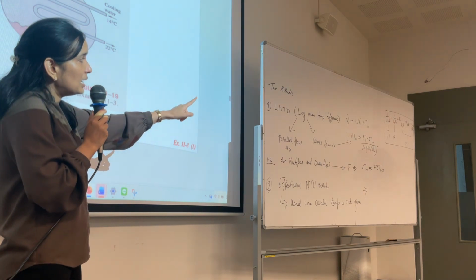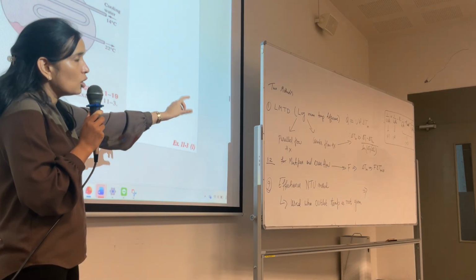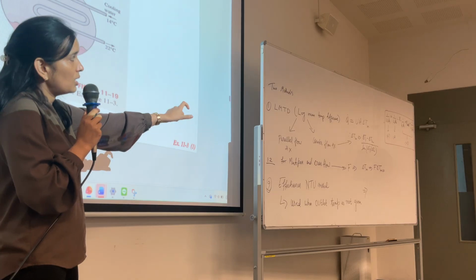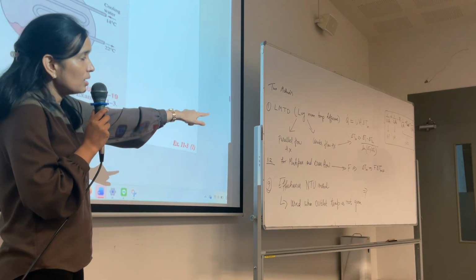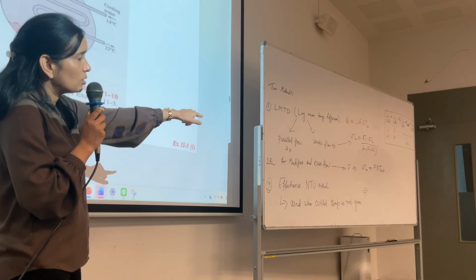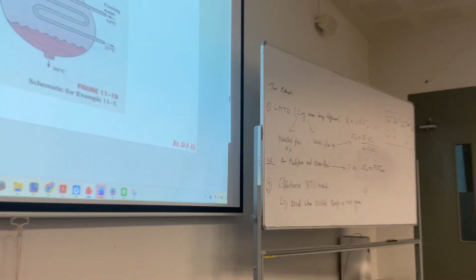Delta T LM is the log mean temperature difference. The value of delta T LM is delta T1 minus delta T2 divided by ln. But that is for parallel flow and counter flow. If it's cross flow or multi-pass, you add one F only. That is the difference. Effectiveness NTU, I will explain later.